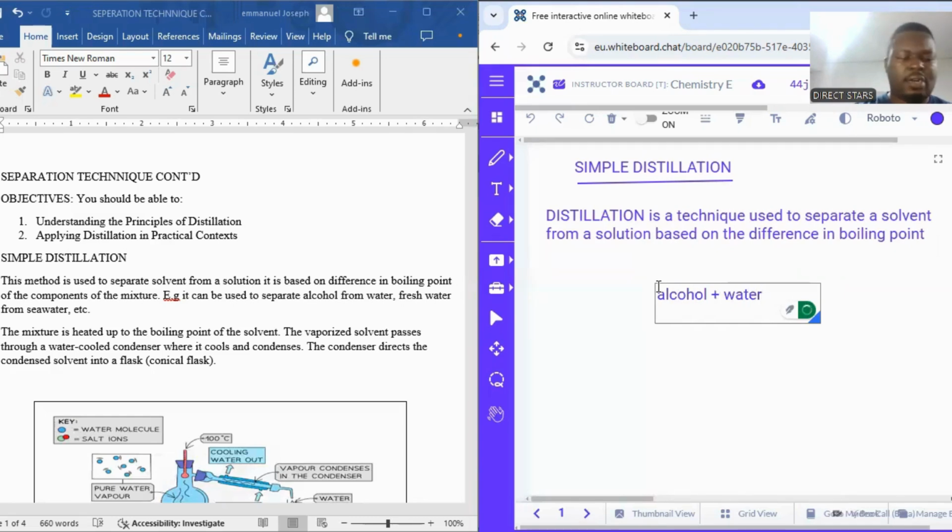Alcohol has a boiling point of 78, and water has a boiling point of 100. So you can see the difference here will be capitalized upon to use simple distillation to isolate the alcohol from the water.